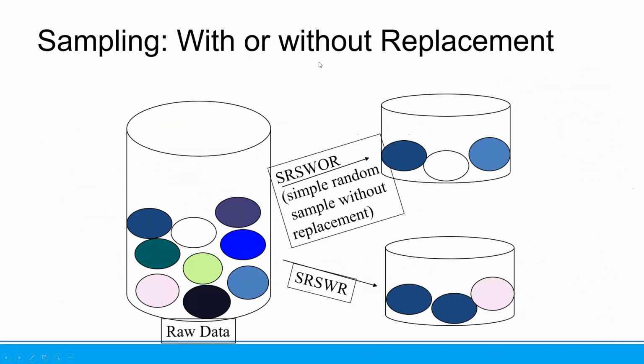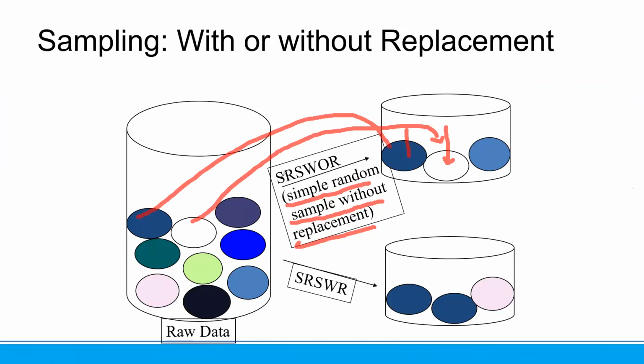So this is an example. Simple random sample without replacement. If it is without replacement, then once it is selected, it is removed from the population. So white is selected. Once this is selected, then okay, there will be no more of this data in the population.